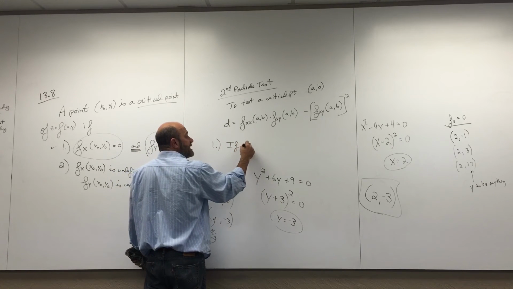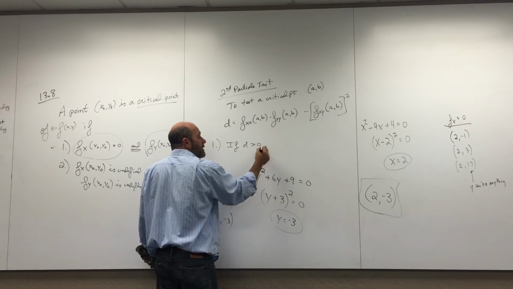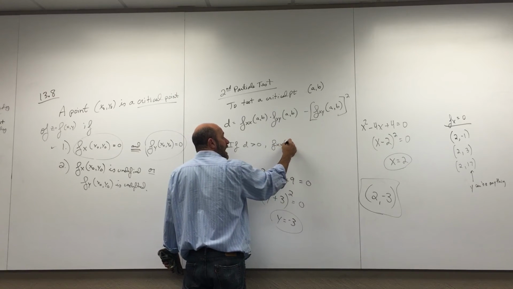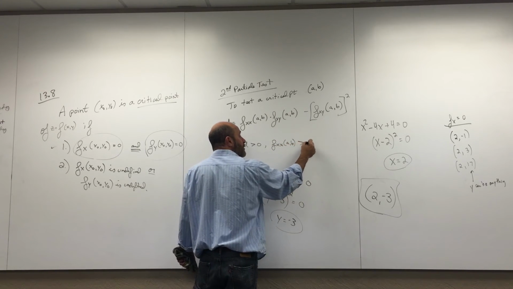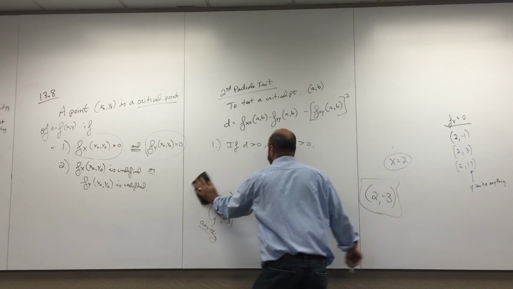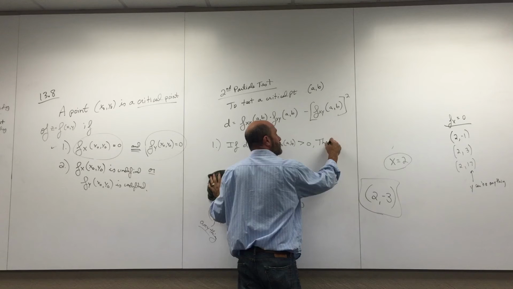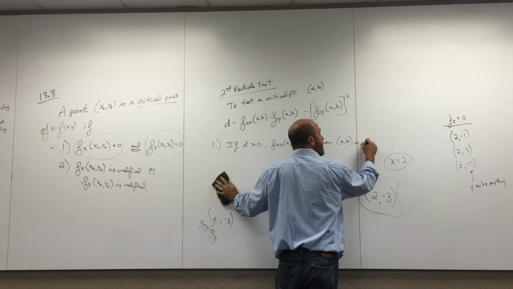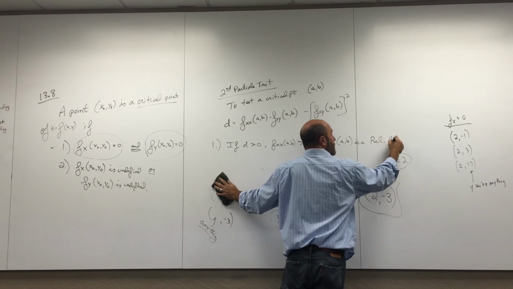If D is greater than 0, and that fxx that you were working on at A, B is also greater than 0, then that point A, B is a relative min.